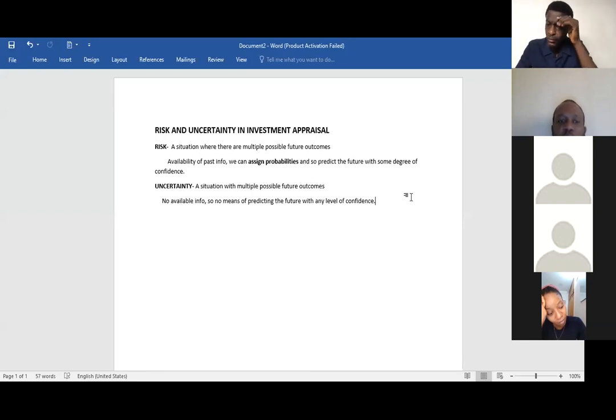Now, we're going to look at the ways of incorporating risk and uncertainty in investment decision making or in the investment appraisal process.